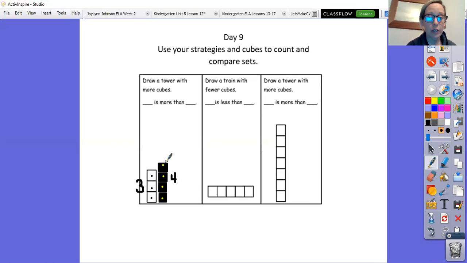Which one is taller? Which one is bigger? Good. My stack that had 4, okay? So I could say that 4, remember down and over, down some more, is more than, how many was this? Good, it was 3. So 4 is more than 3, okay?